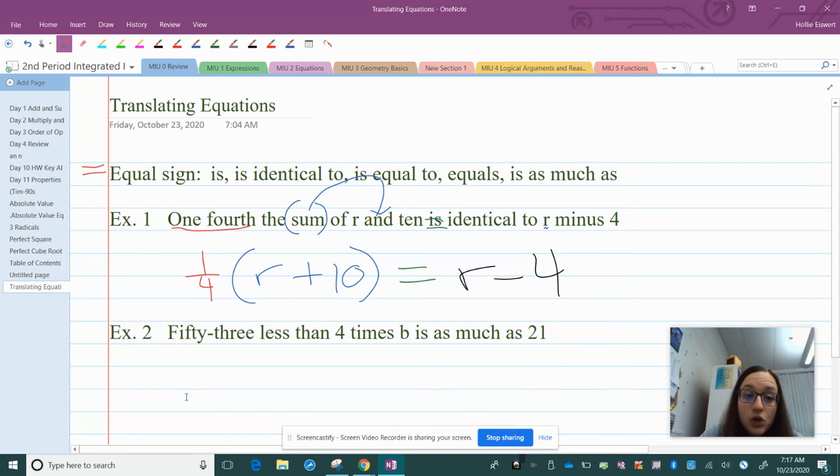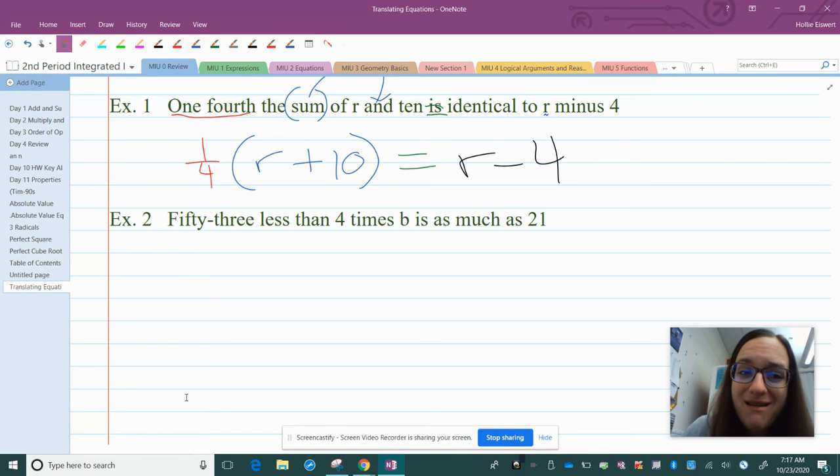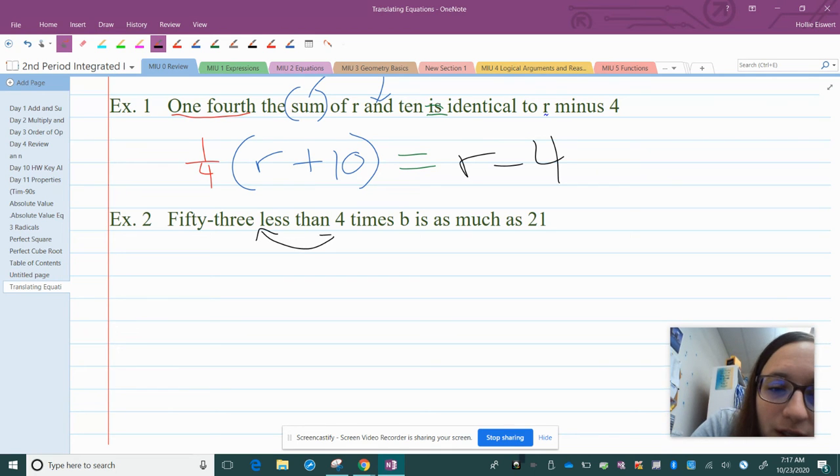All right, example 2. 53 less than 4 times b is as much as 21. Do you see the word? We must beware. So we have one of those flipperoos. No, that's not the real vocab for it. But less than switches things.